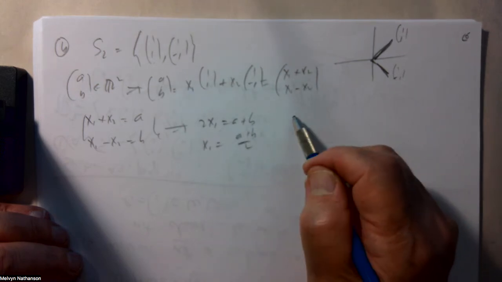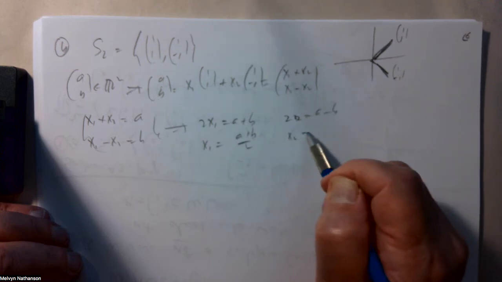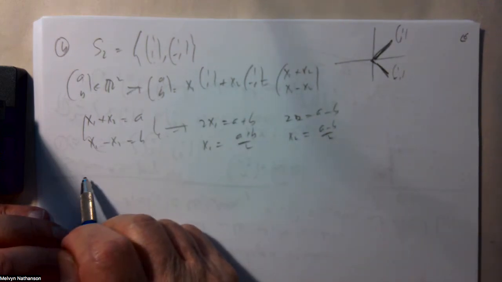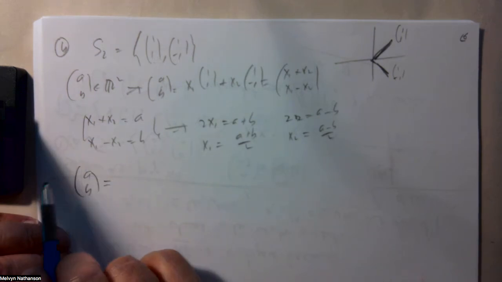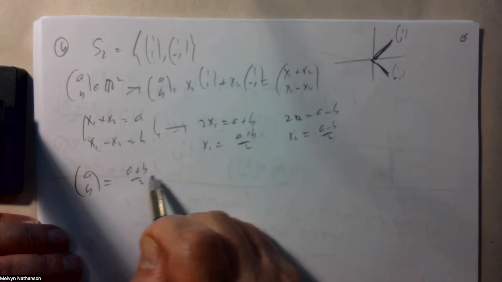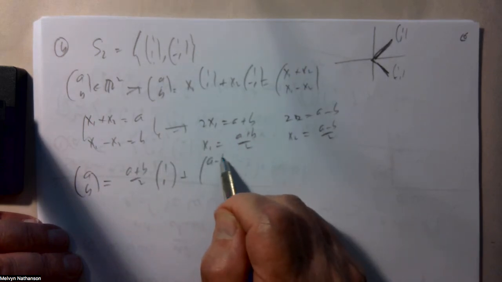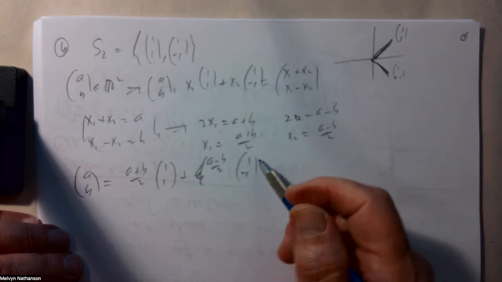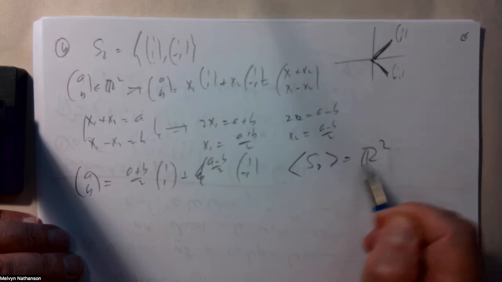If I subtract, I get 2x2 is A minus B, so x2 is A minus B over 2. So every vector AB in R2 can be written as a linear combination of these two vectors. It's A plus B over 2 times the vector 1, 1 plus A minus B over 2 times the vector 1, minus 1. So the subspace generated by S2 is all of R2.